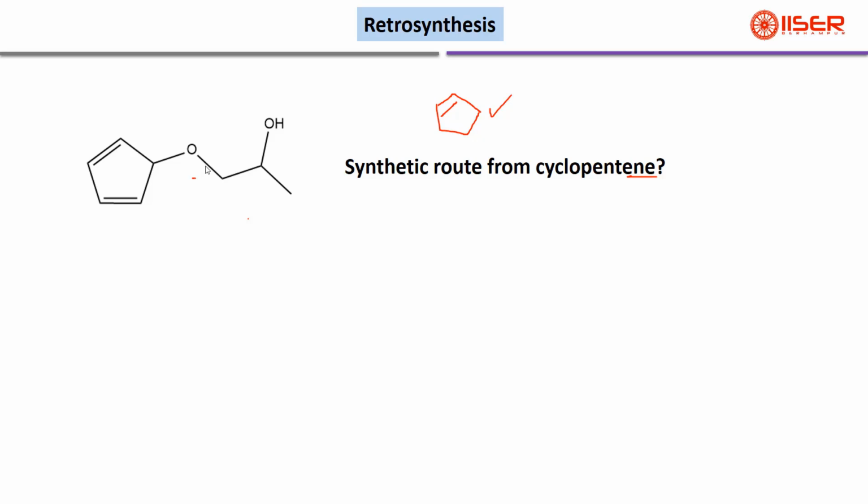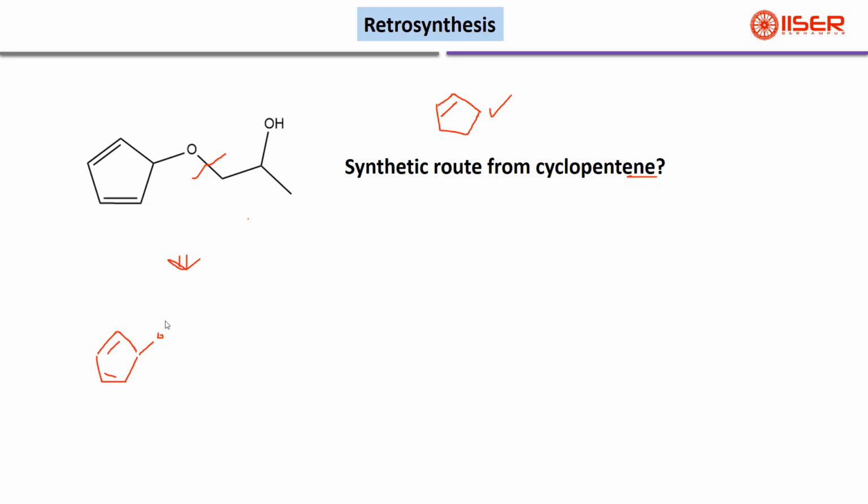If we just break from here, in the last class I have already told, for retrosynthesis there is no shortcut or any tricks. It is all totally based on practice.